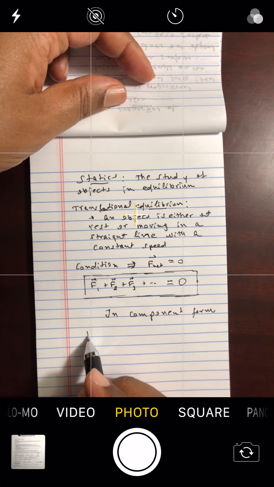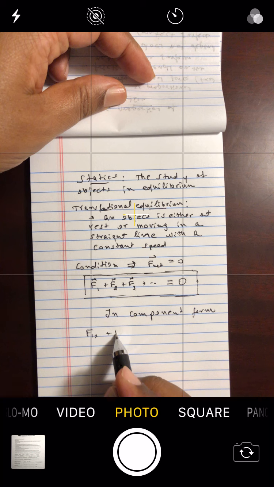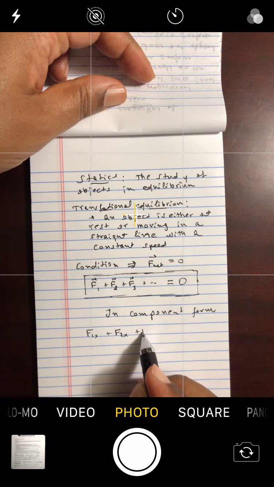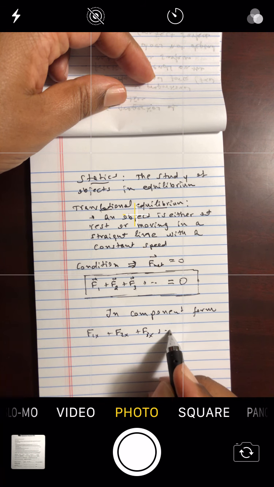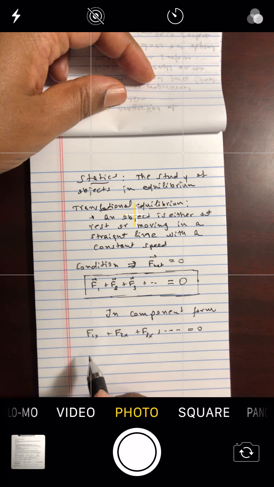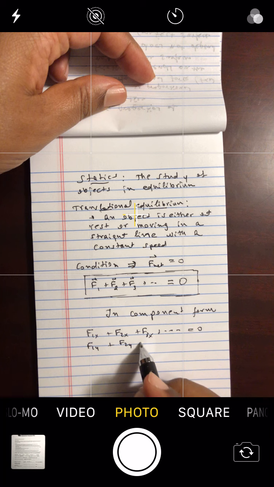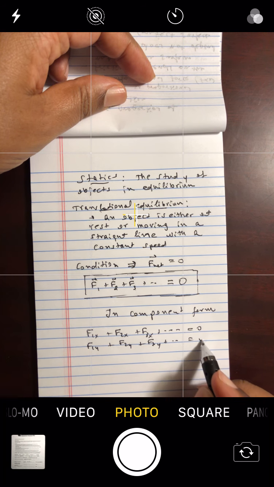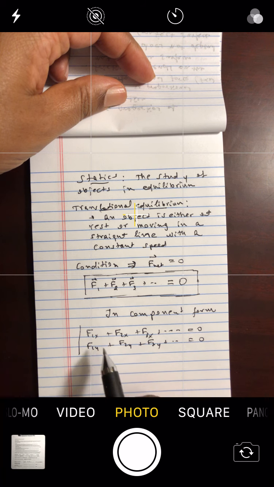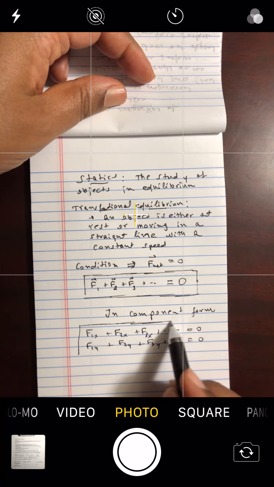The first one is the sum of all the x components, and so on, equals 0, and the sum of all the y components equals 0. This is the component form of this condition.